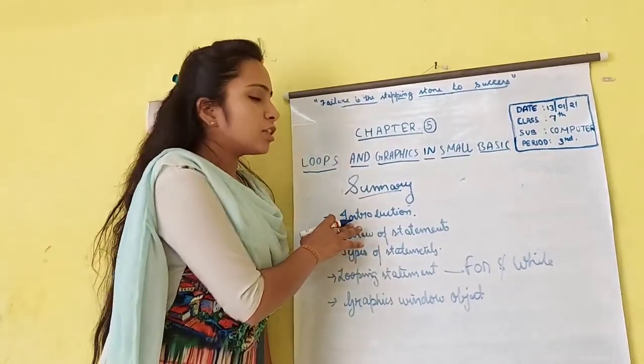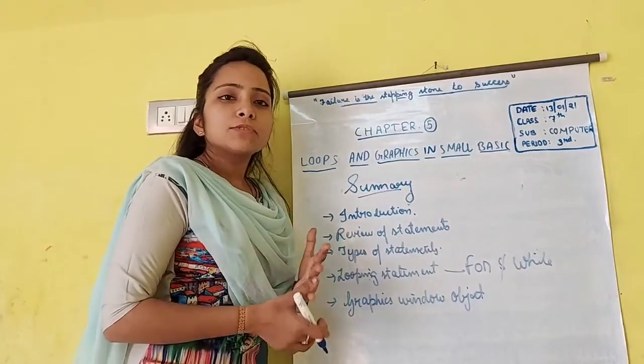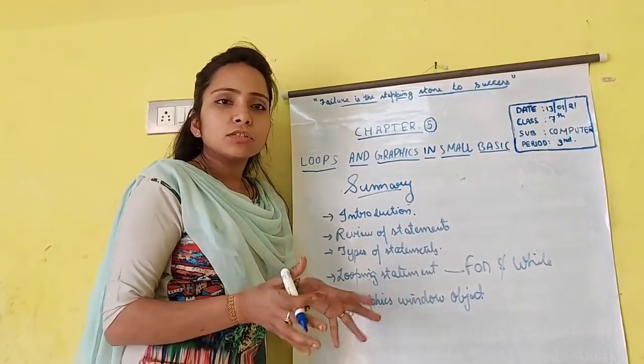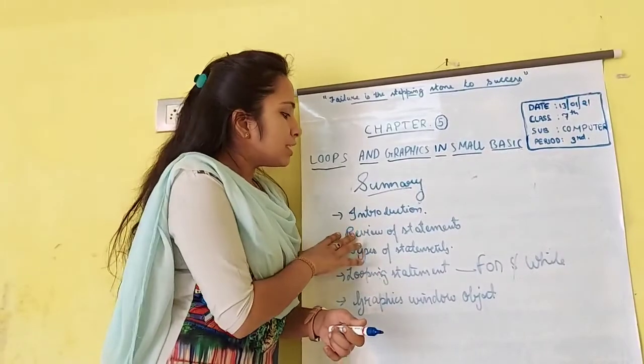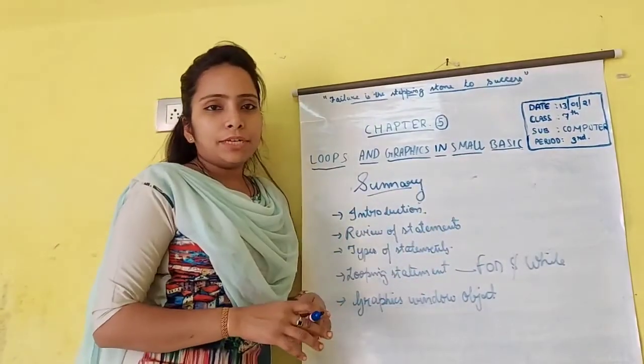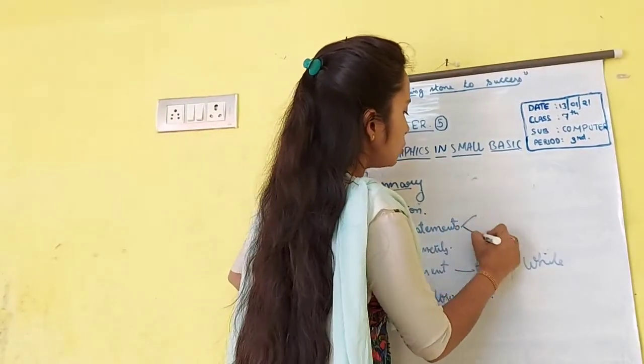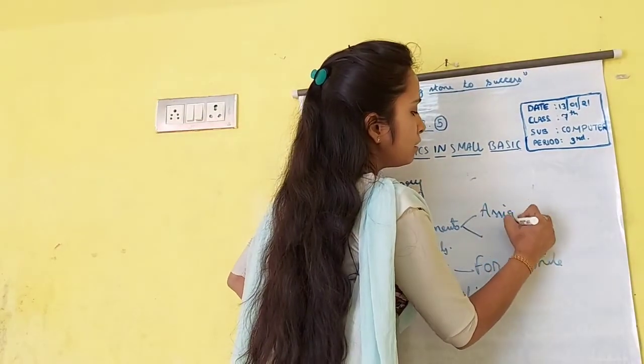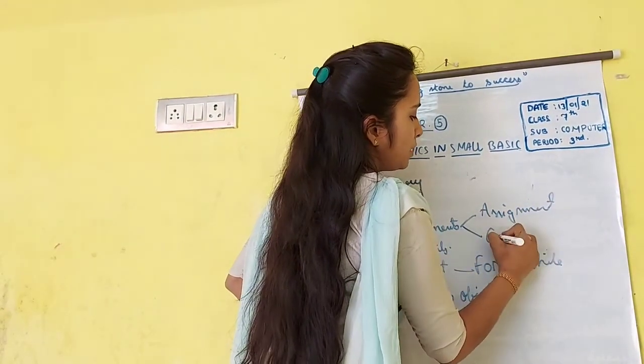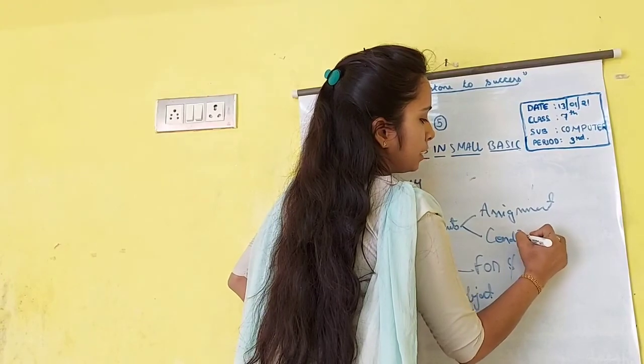In this chapter, let's recall what we have studied till now. First, we went through the introduction part, that is what is Small Basic, what is its use, what are the characteristic features of Small Basic. Then we studied the different statements: the assignment statement and the conditional statement.